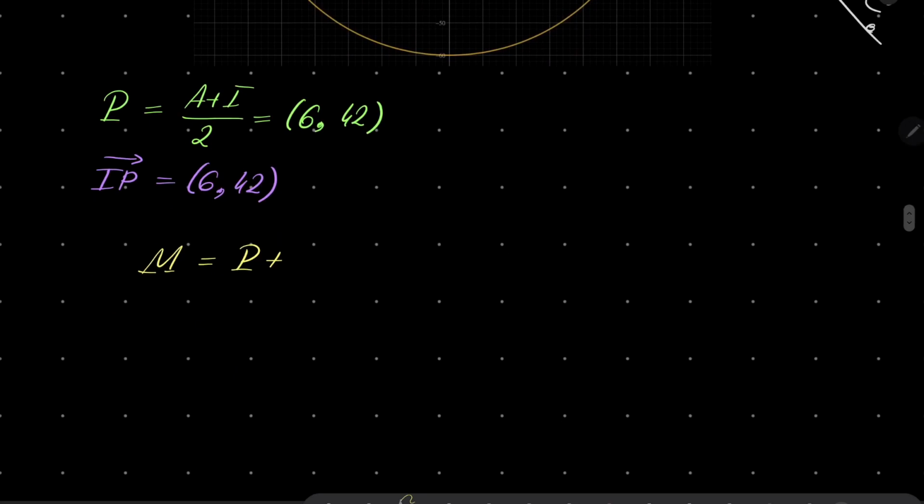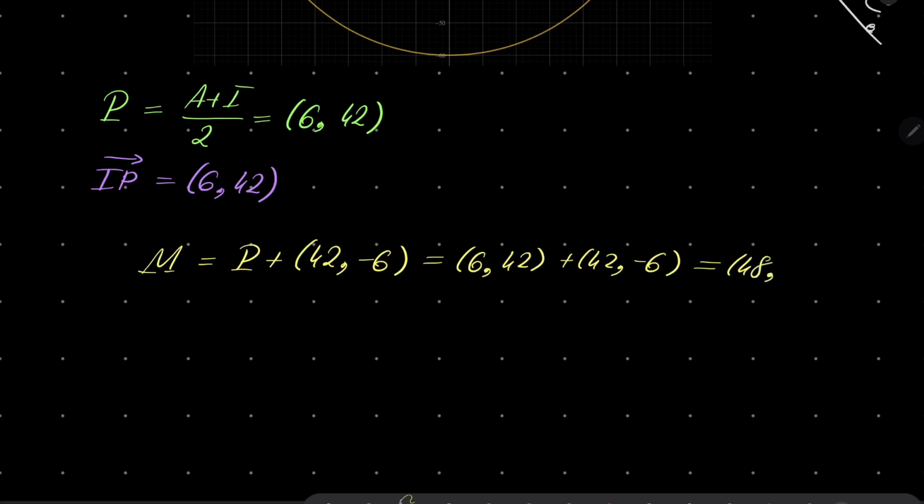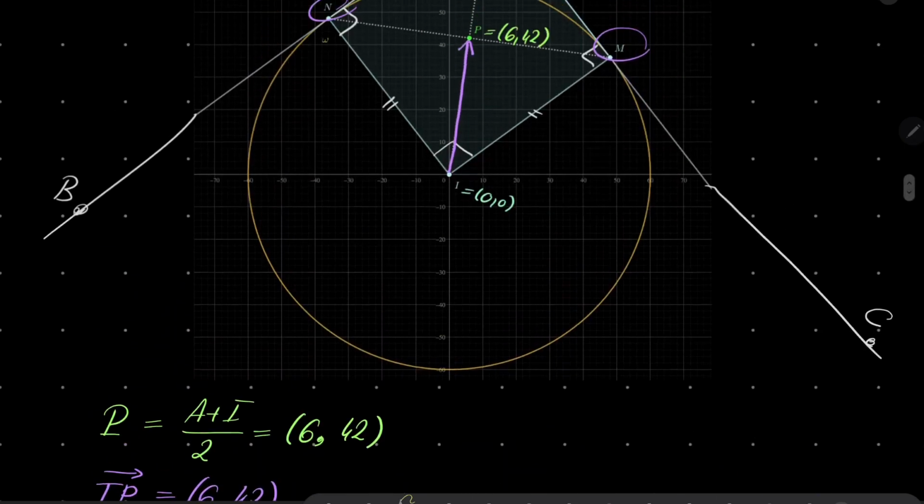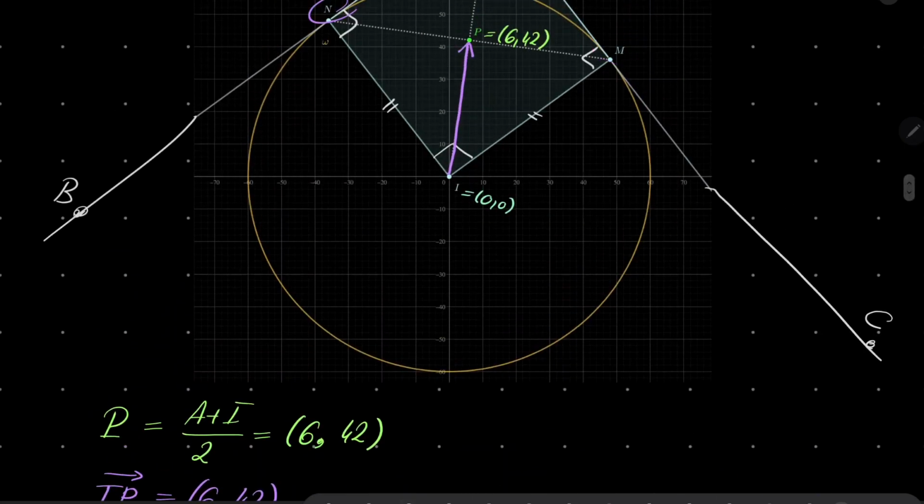So we need just to add (42, -6). So you are adding (6, 42) plus (42, -6), which is (48, 36). And let's mark it.